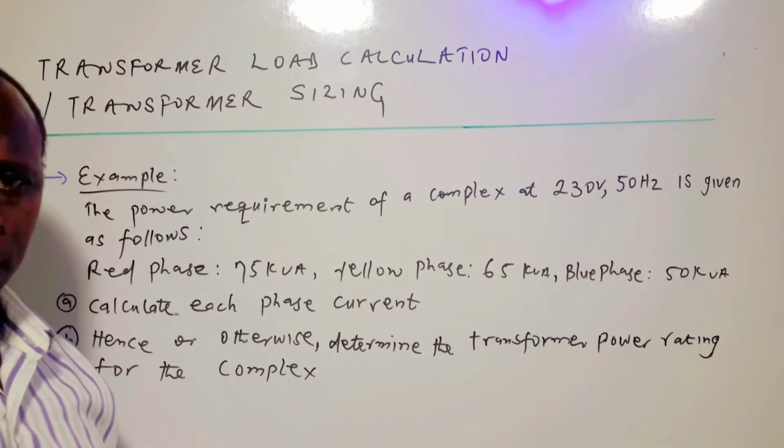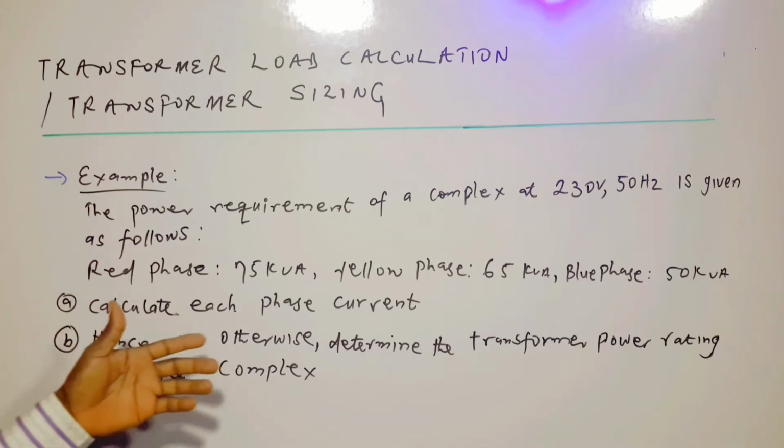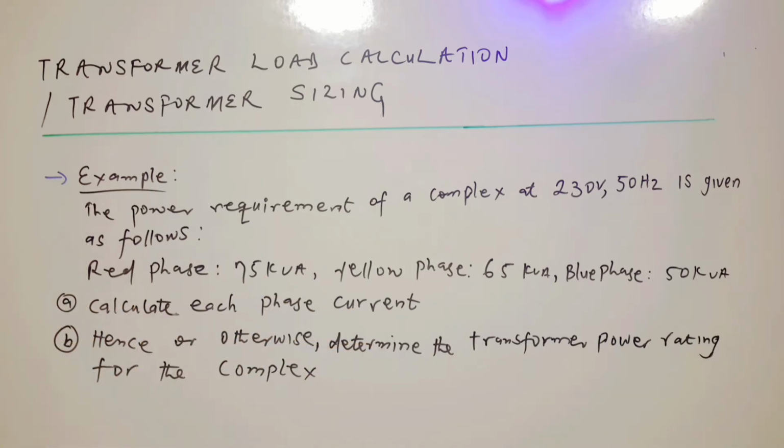So he has no option but to go ahead. So going forward, the questions are: calculate the phase current, hence or otherwise determine the transformer power rating for the complex. So we move on to the solutions to the problem.